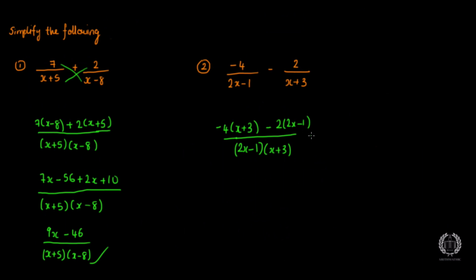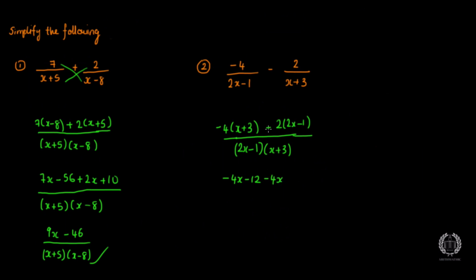Okay, so now we're going to expand this. Minus 4 times x is minus 4x, and then minus 4 times 3 is minus 12, and then minus 2 times 2x is minus 4x.